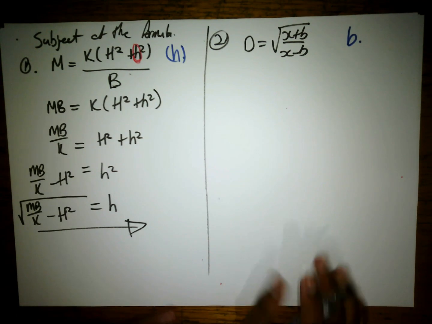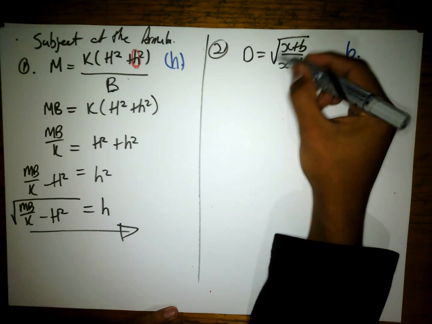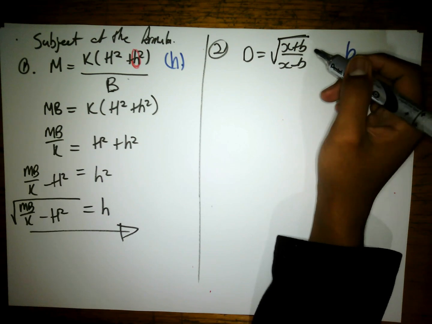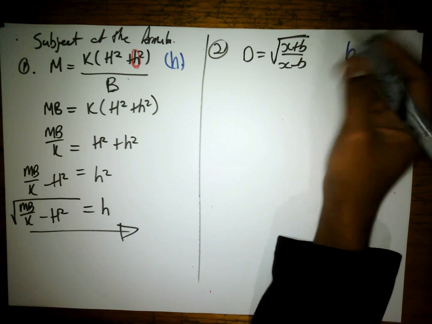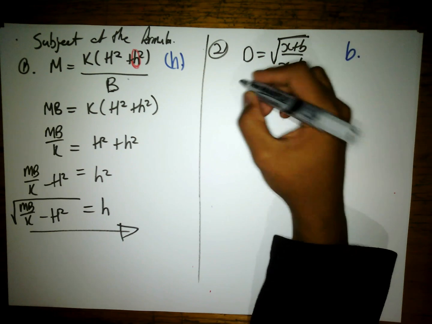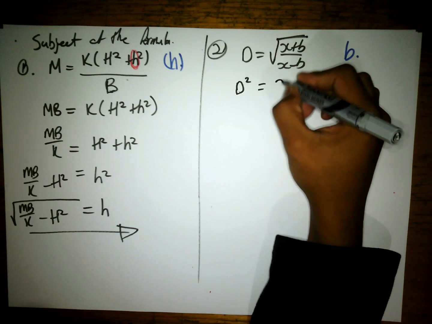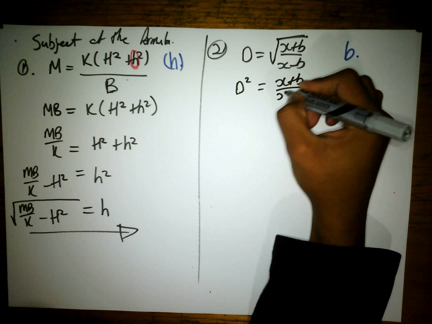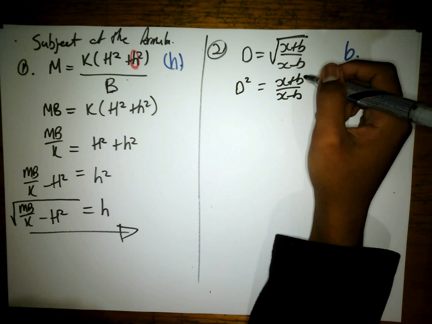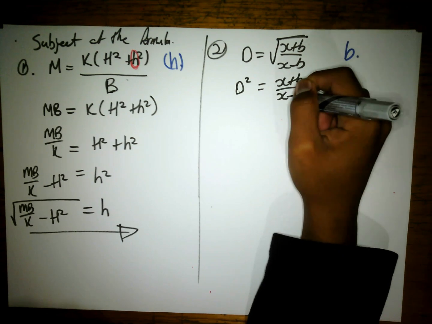To get small b, and to get rid of the square root here, even if you're flustered and you don't know where to start, start somewhere. So to get rid of this, square both sides. So this is d squared equals x plus b over x minus b. The only way to work this from here is to multiply with x minus b.